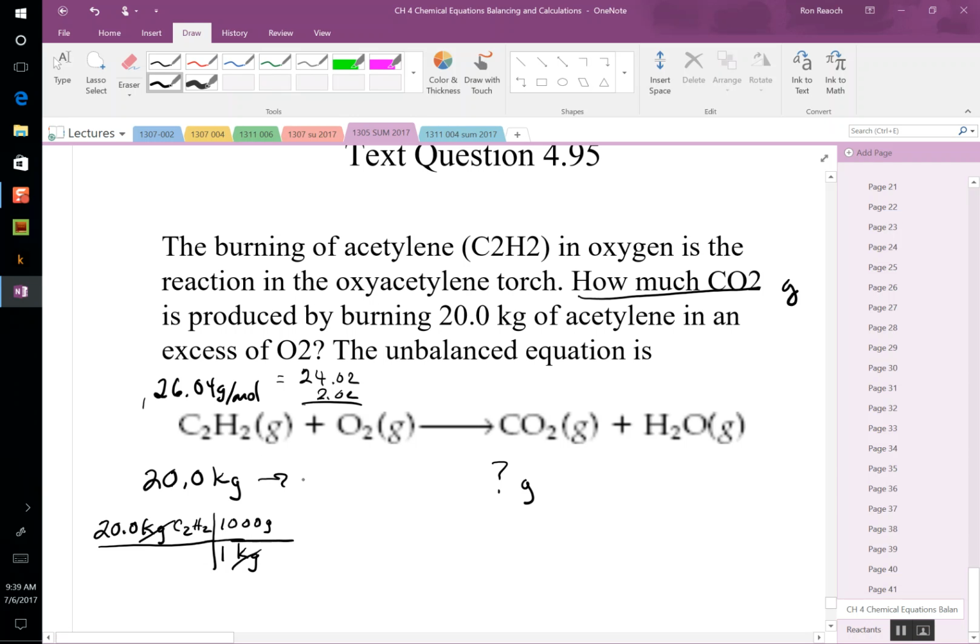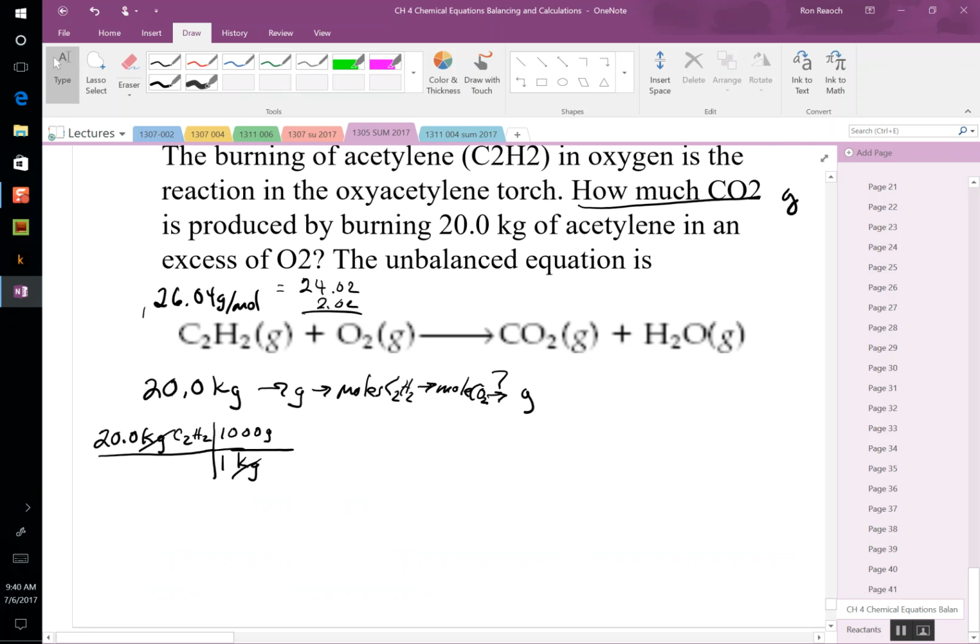You're going to go from kilograms to grams, and then to moles of acetylene, to moles of CO2, to grams of CO2. So first step there would be to take your kilograms into grams.